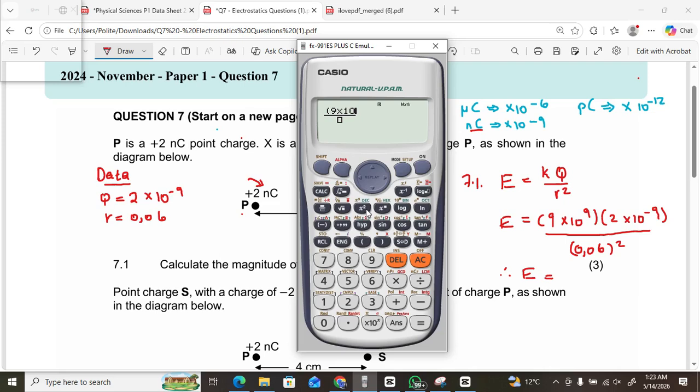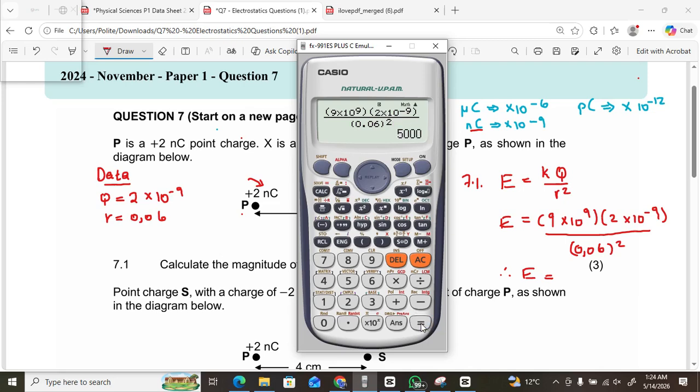So this is the perfect time for you to practice. Also do this on your side. So this is multiplied by 2 times 10 to the power negative 9. Okay, let's divide that by 0.06, and this is squared.